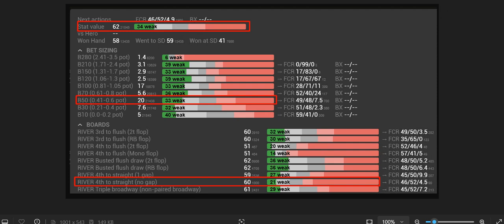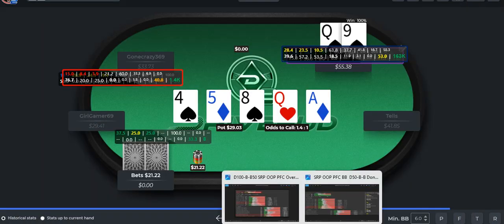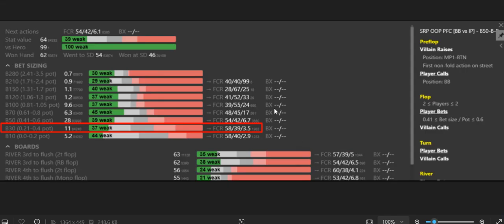Now, I'm going to show you Donk 100, and I'm going to show you Donk 50, okay? This is Donk 50. Now, I just showed you Donk 100, right? And Donk 100 was 34 week overall. Now, this is 39 week overall, okay?